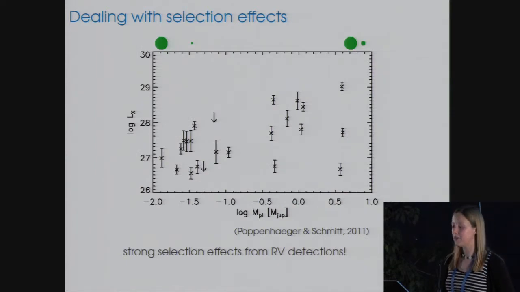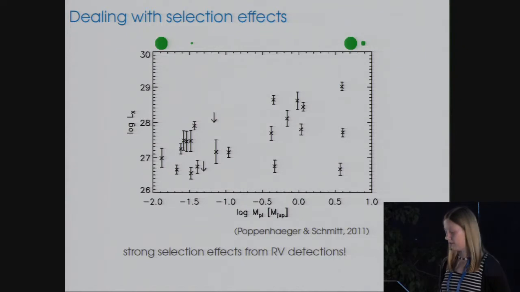So if we look at it this way, again, we have a measure for the planetary mass and the distances, and here we have the X-ray luminosities. This typical picture that we have a larger spread here for the hot Jupiters and a smaller spread here for the smaller exoplanets is very likely a selection effect, and especially it is strong for radial velocity searches.